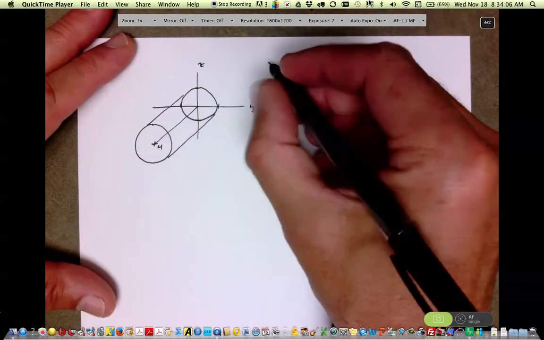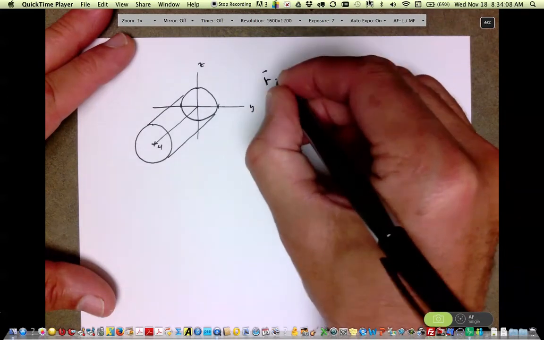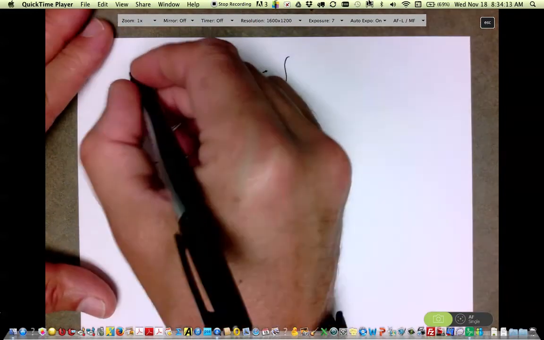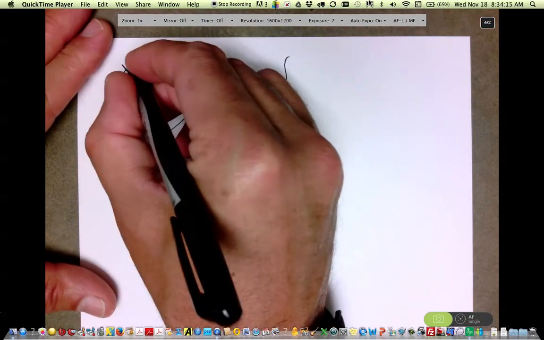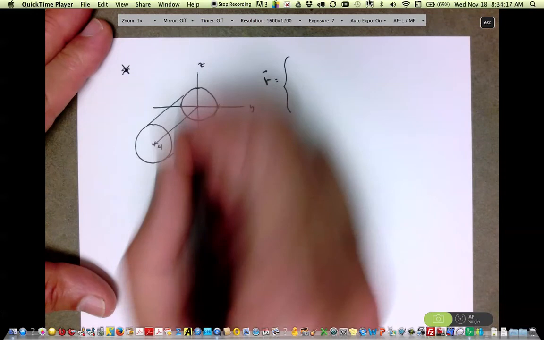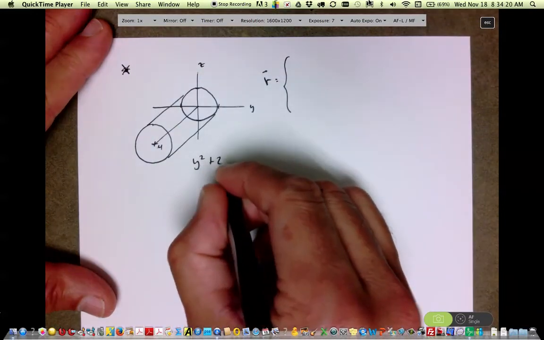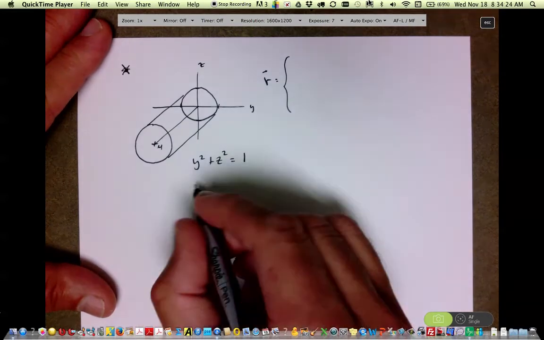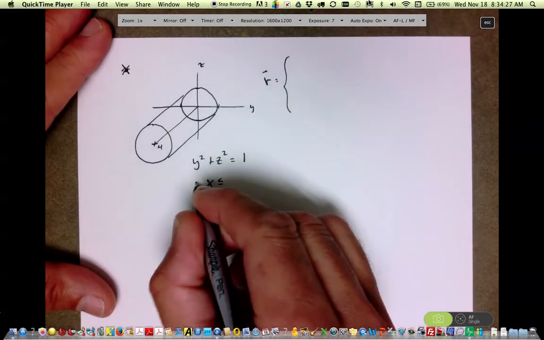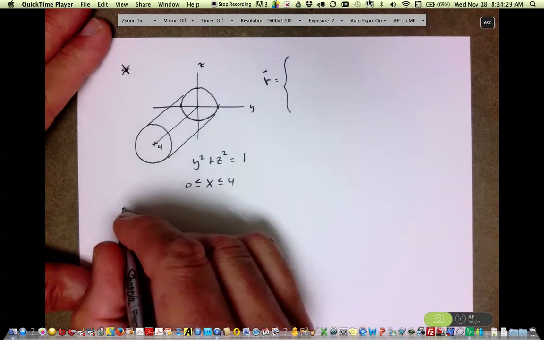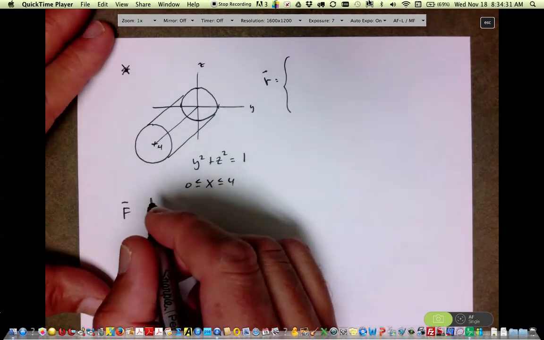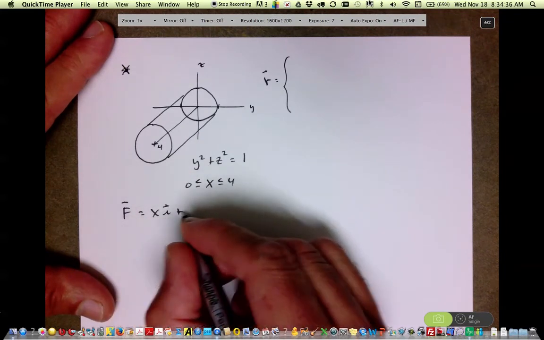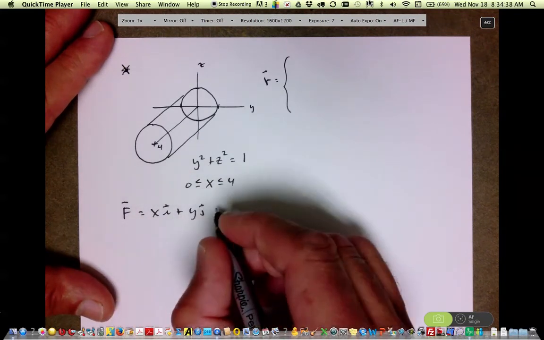All right, and think about parameterizing this surface. So now the equation of this cylinder is going to be, sorry, not x, this is going to be y squared plus z squared is equal to 1, and x goes from 0 to 4, and let's say that our vector field F is defined as x i plus y j.